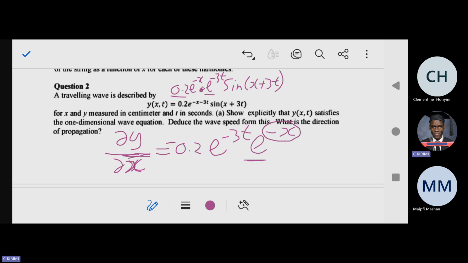So that's why the minus 1 is outside the bracket.